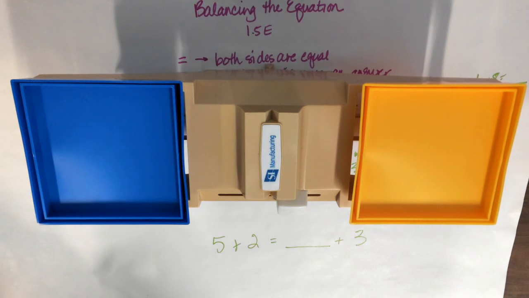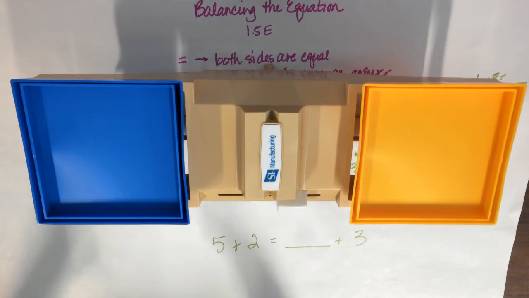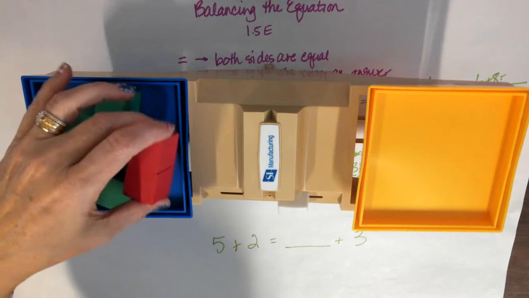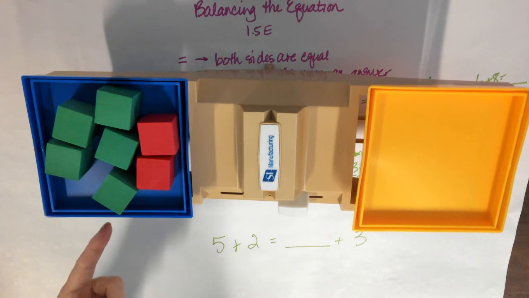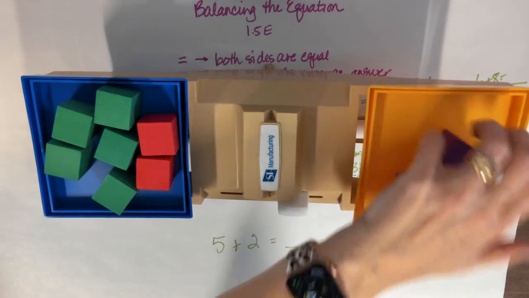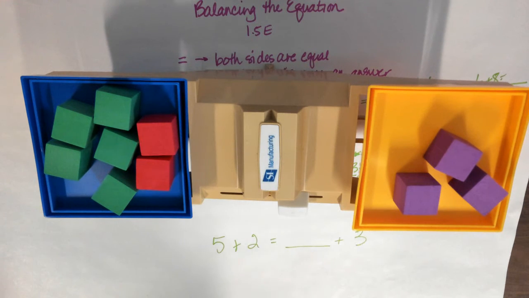When we do this with a balanced scale, we have to use objects that have the same weight so that it makes sense to kids. So if I have 5 over here, and then I join 2 more with it, I know that I've got 7 on this side, and I'm not sure if the scale is going to work great. And I know I'm supposed to put something with 3 to make it balance.